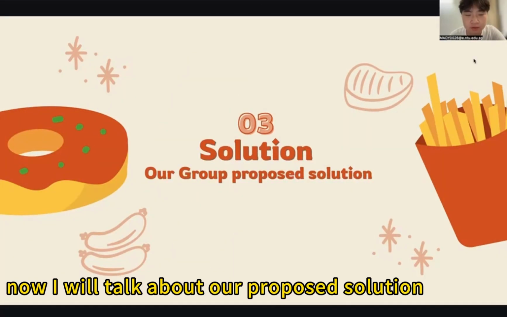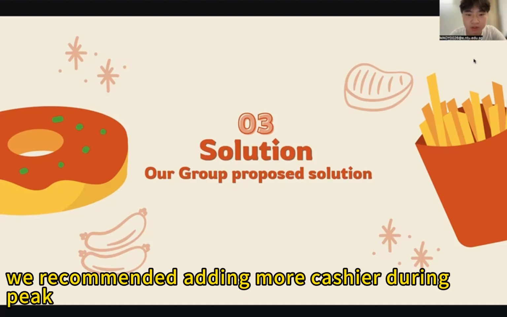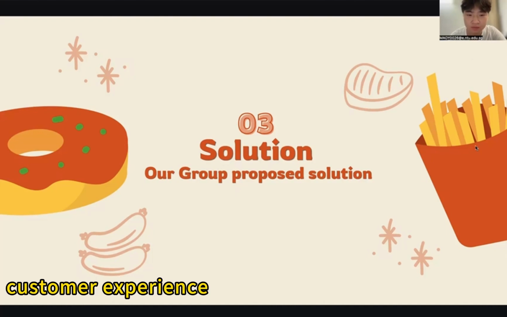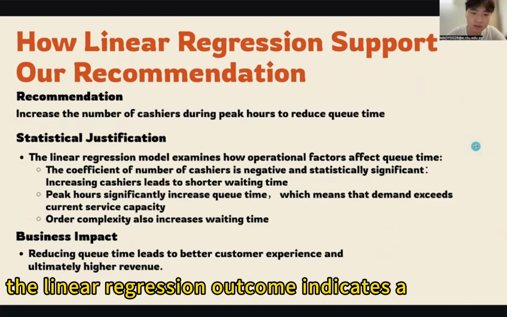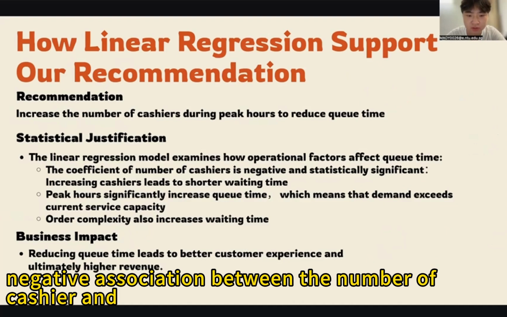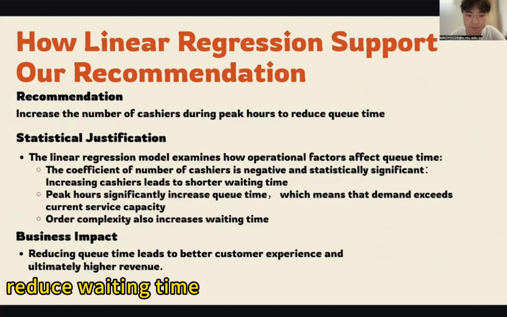Now I'll briefly move to our solution. Based on our analysis, we recommend adding more cashiers during peak hours to reduce waiting time and improve customer experience. The linear regression outcome indicates a statistically significant negative association between the number of cashiers and queue time, which implies that hiring more cashiers can effectively reduce waiting time.